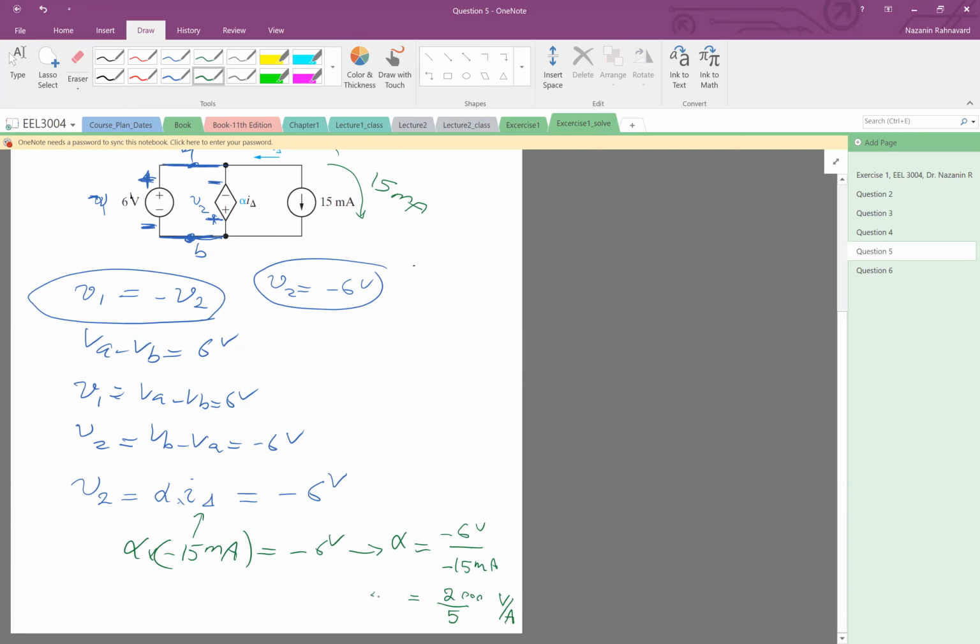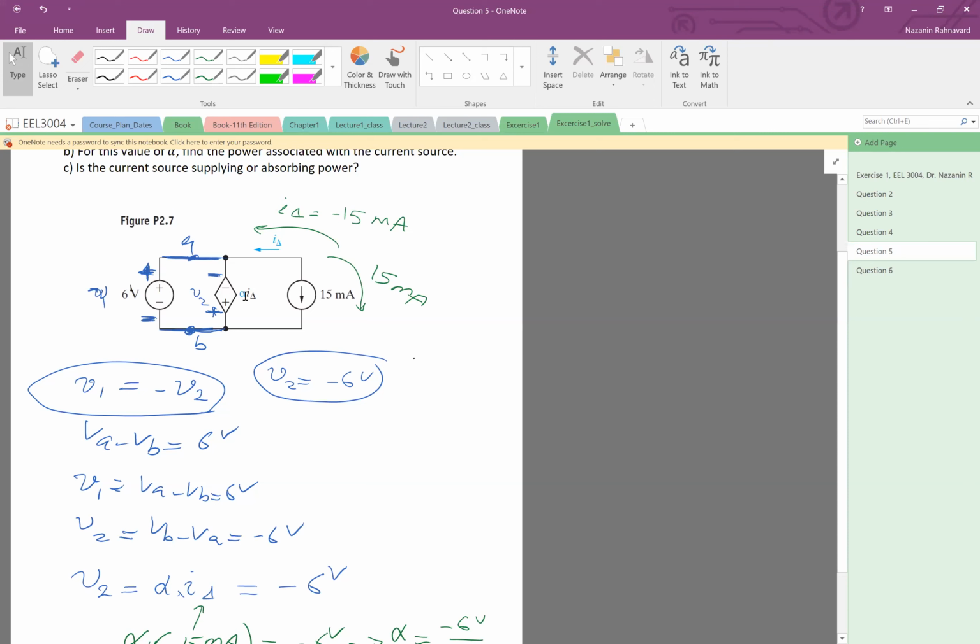So alpha is 400 volts per amp. With this value of alpha, the voltages are exactly matching, and that's the only thing we have to check.